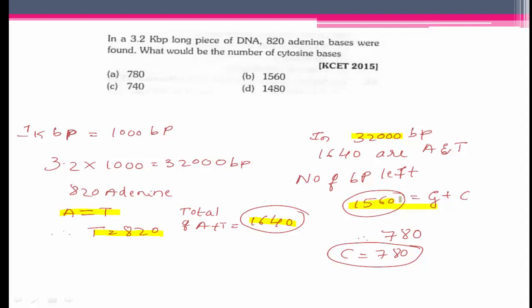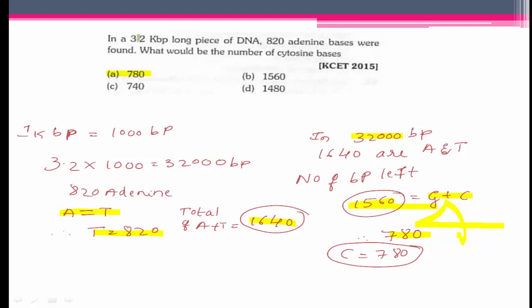But this 1560 shows the combined bases, guanine and cytosine, divided by 2, you will get the answer 780. The guanine number is also 780, cytosine number is also 780, because guanine and cytosine show complementary base pairing. So the right answer for this one is 780.